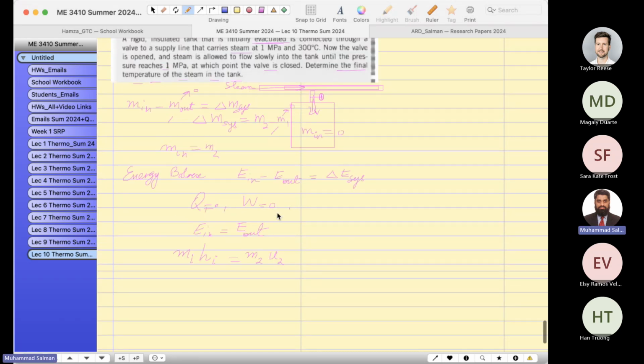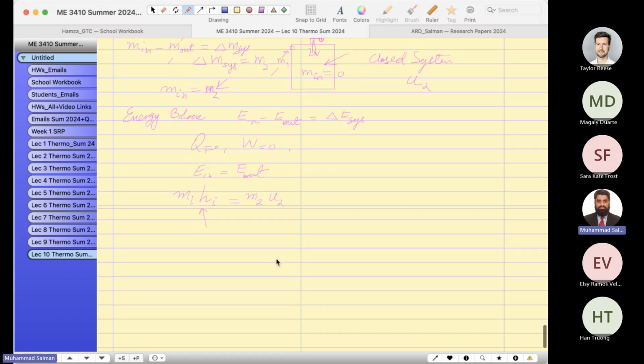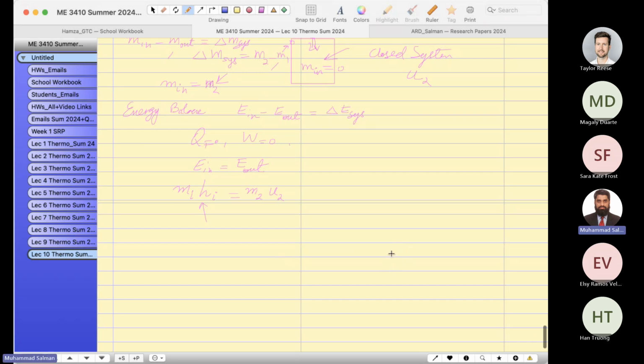Now here in this case, this is M2, this is M in. So remember, when there is a flow, then you will use enthalpy. When there is no flow, it's like a closed system. For closed system, the energy is U2, correct? So M2 is the mass which has entered the cylinder, and it contains the energy U2.